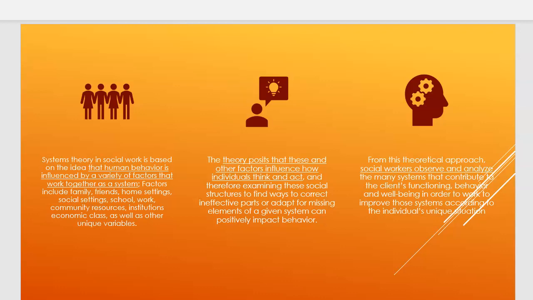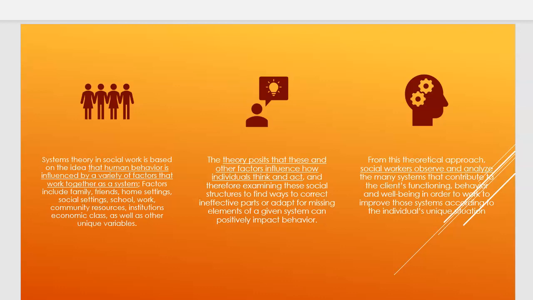So there are interconnections between each of the factors within a system. Factors include family, friends, home settings, social settings, school, work, community resources, institutions, socioeconomic status, as well as a variety of other factors that are unique to each of us as individuals.